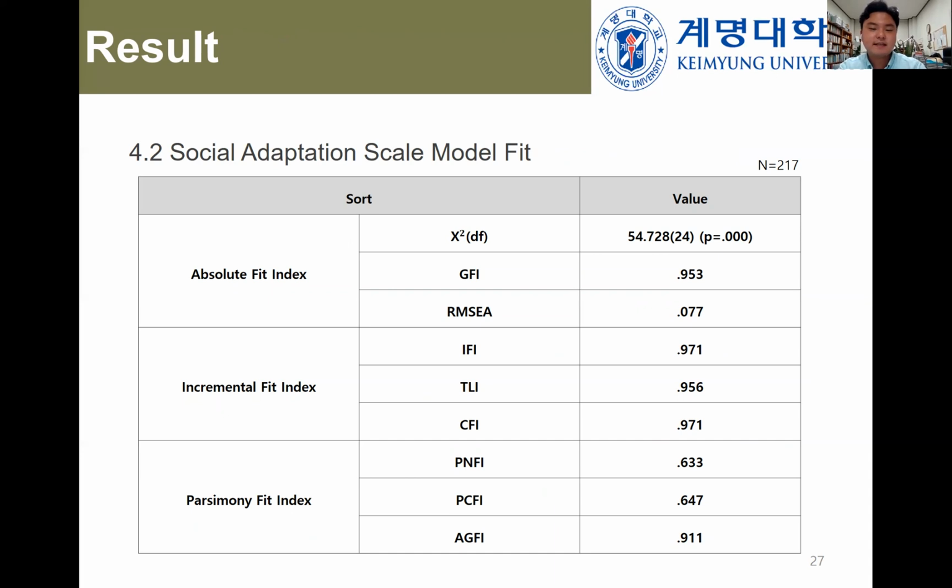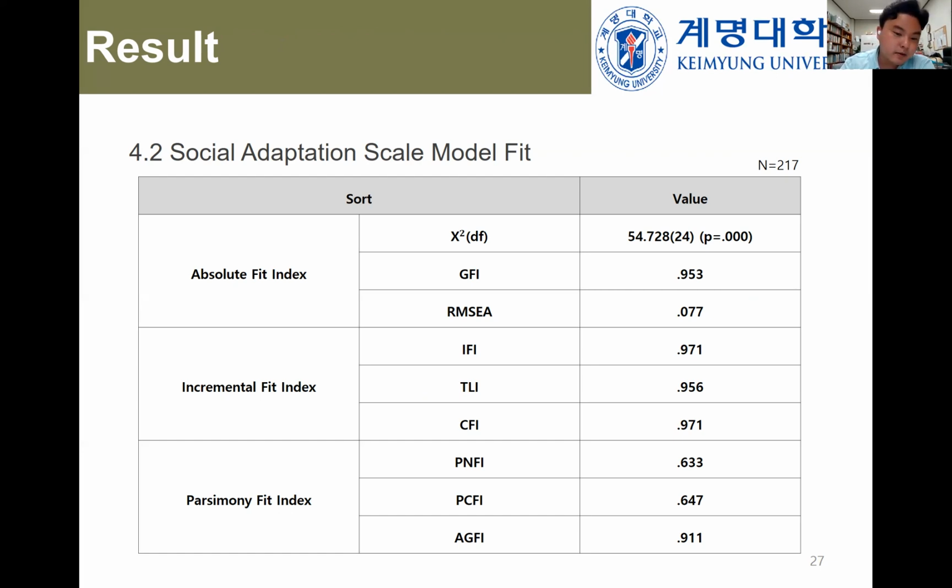For the absolute fit index, chi-square is 54.728, which is significant for this model. GFI is 0.953. RMSEA is 0.077.